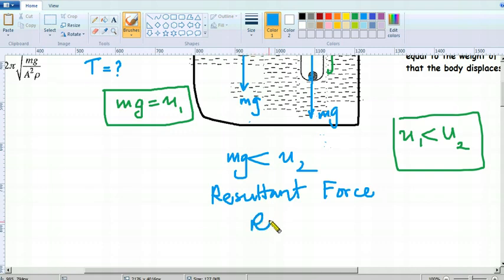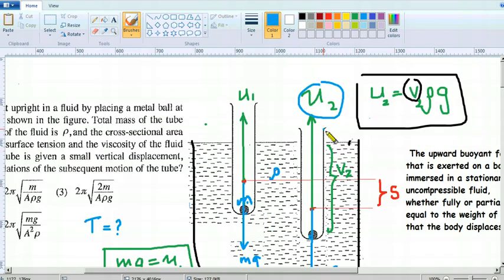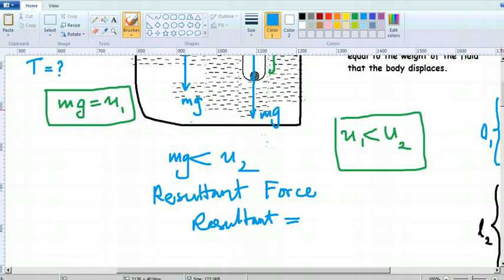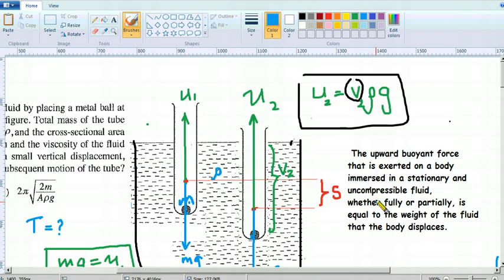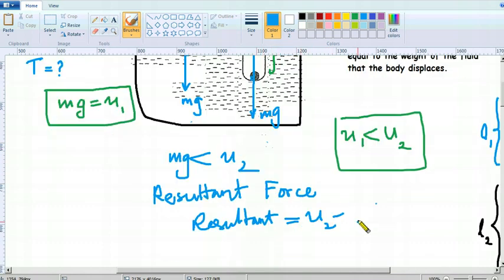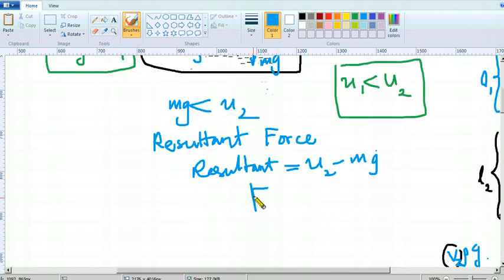What is the resultant force? The smaller one should be subtracted from the bigger one. The bigger one is U2. So U2 minus the smaller one, mg. U2 minus mg. We subtract to get the resultant.